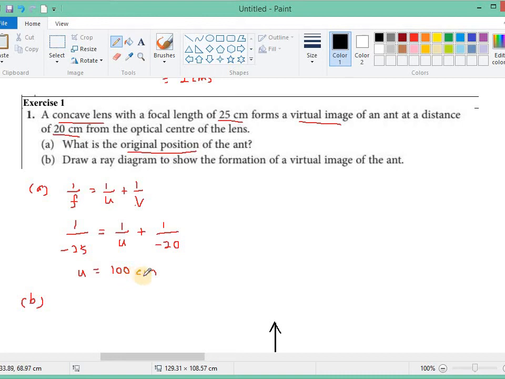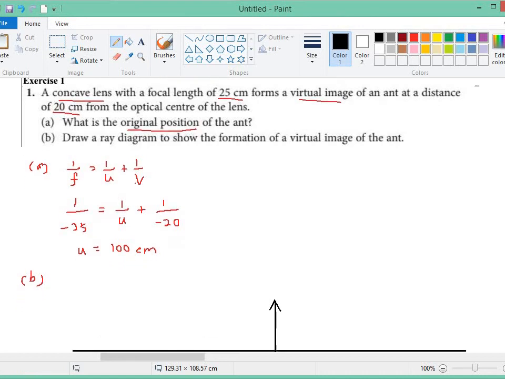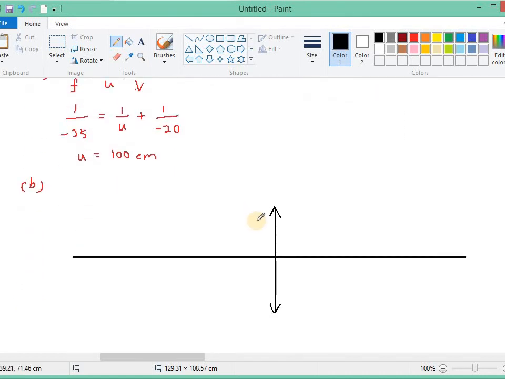So what we need to do is just roughly ratio. Roughly where is the object and image. If this is 25 centimeter in focal point here, that means this is 25.